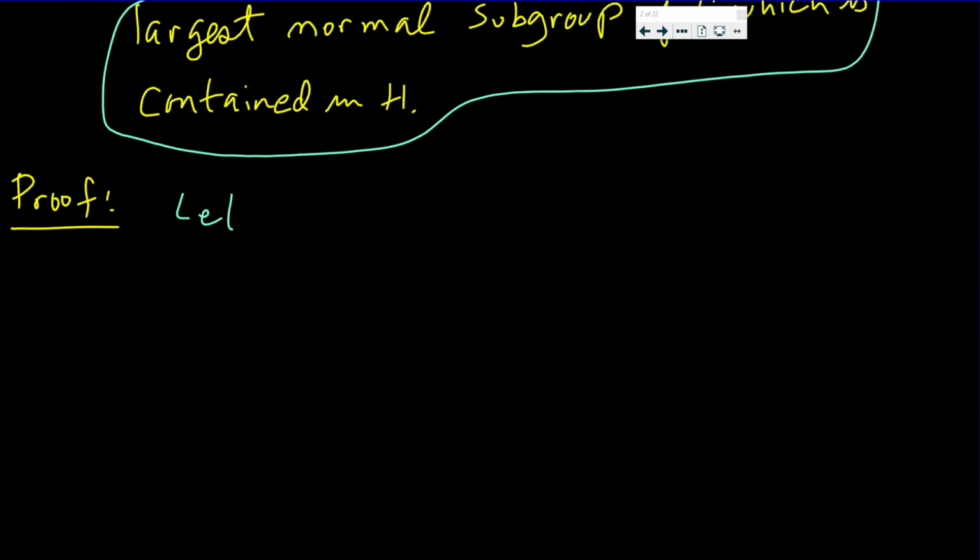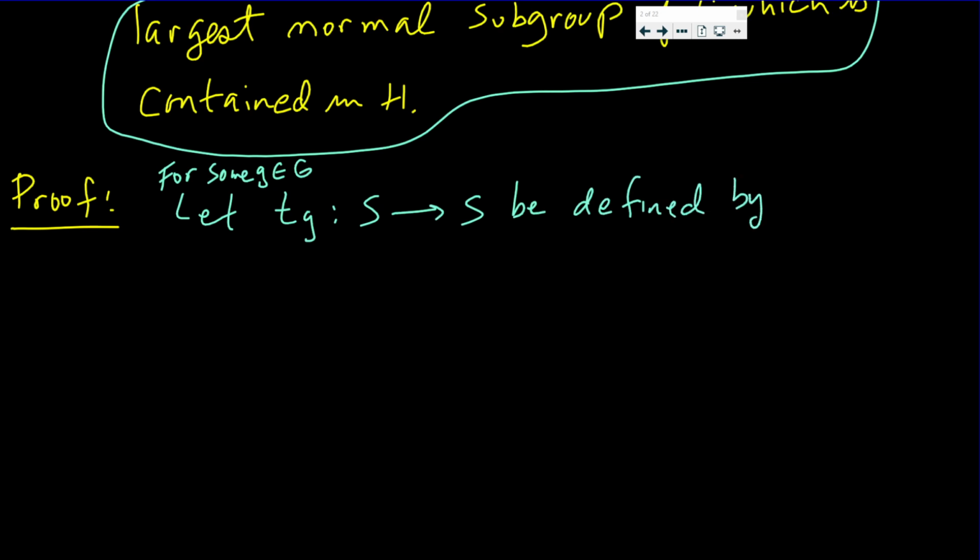For some g in the group, let tau sub g be a mapping from the set of all right cosets to the set of all right cosets, defined by the right coset Hx acted on by tau sub g.